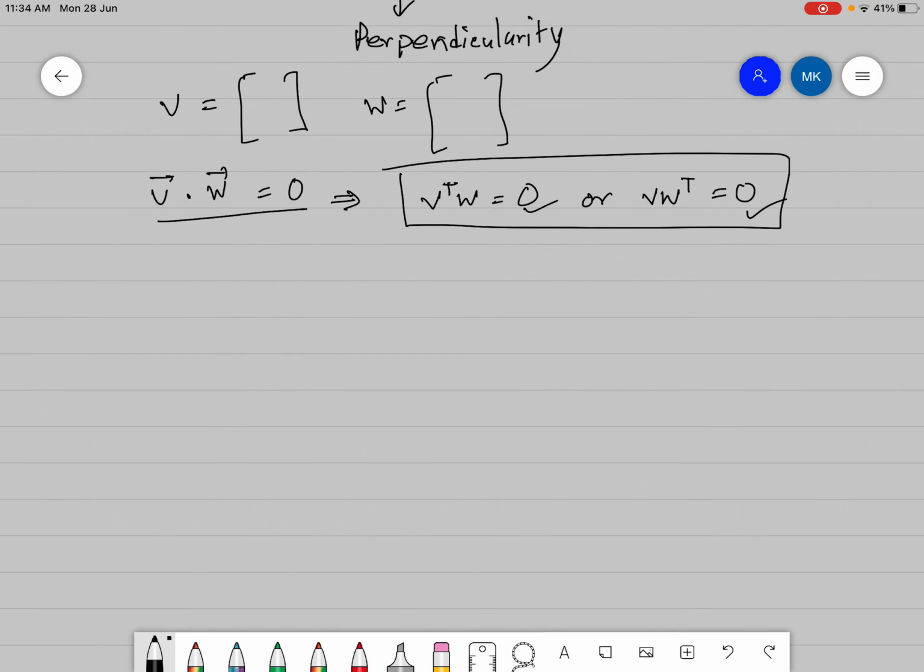Let's say you have two vectors that are perpendicular. Let's say this is v and this is w.